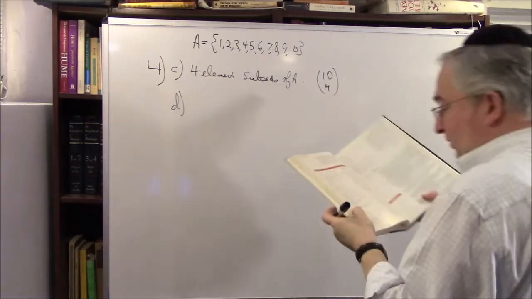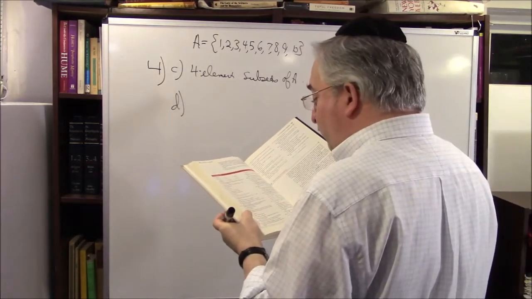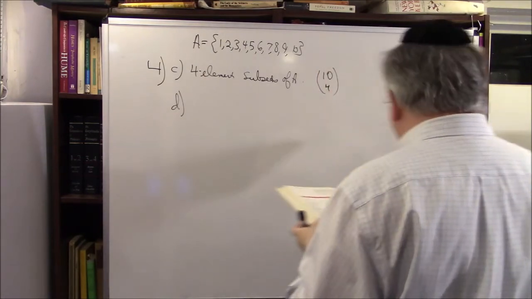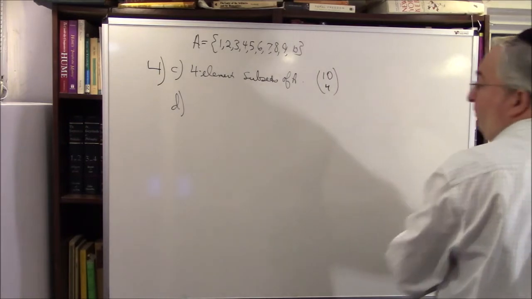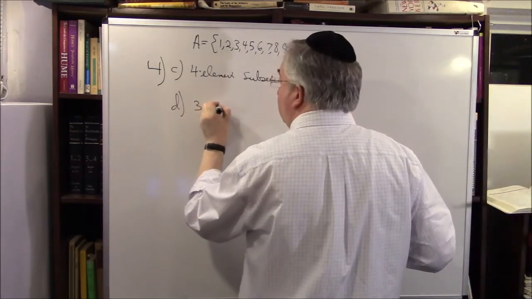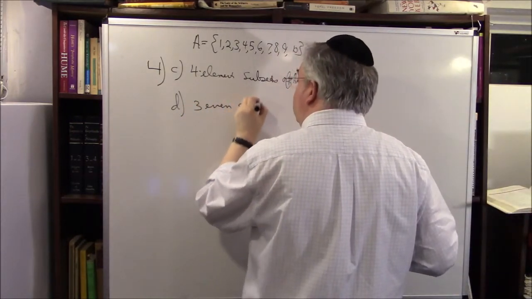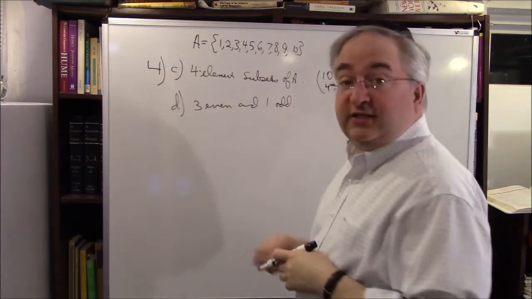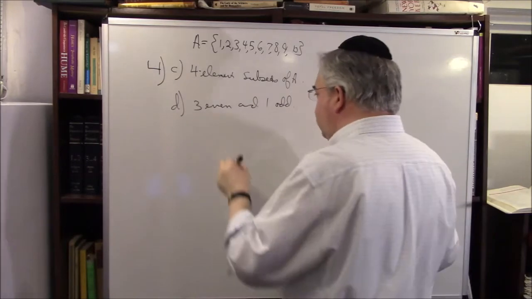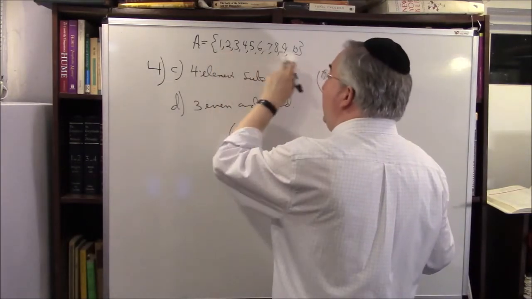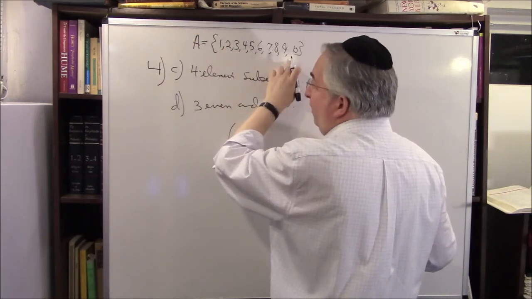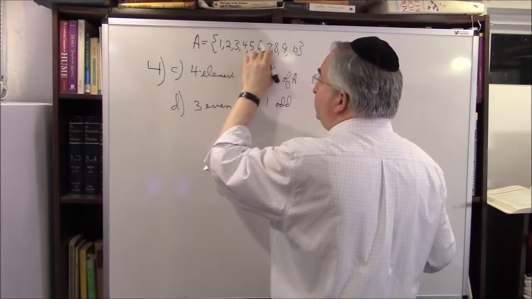Okay, 4A and B are easy. How many 4-element subsets of A consist of 3 even and 1 odd number? Okay, so that's a little bit different. So what you have to do is you have to choose. You have 10 of them. How many of them are even? 5 are even: 2, 4, 6, 8, 10.